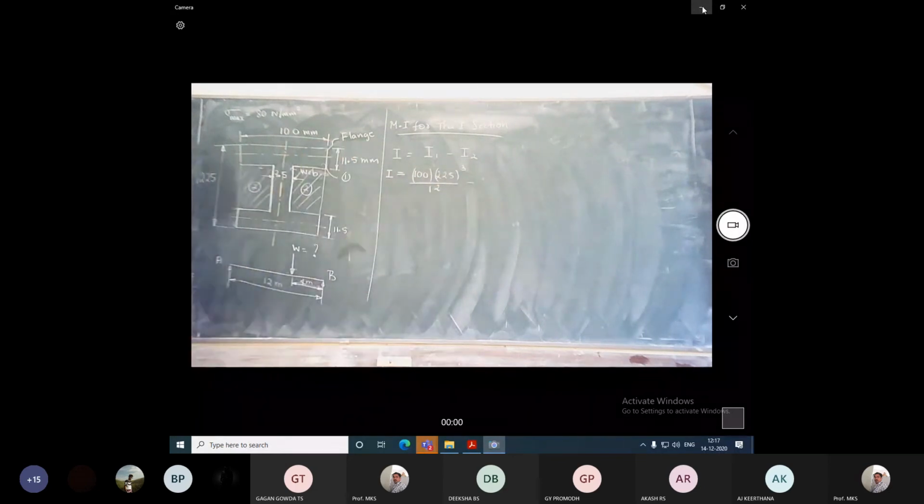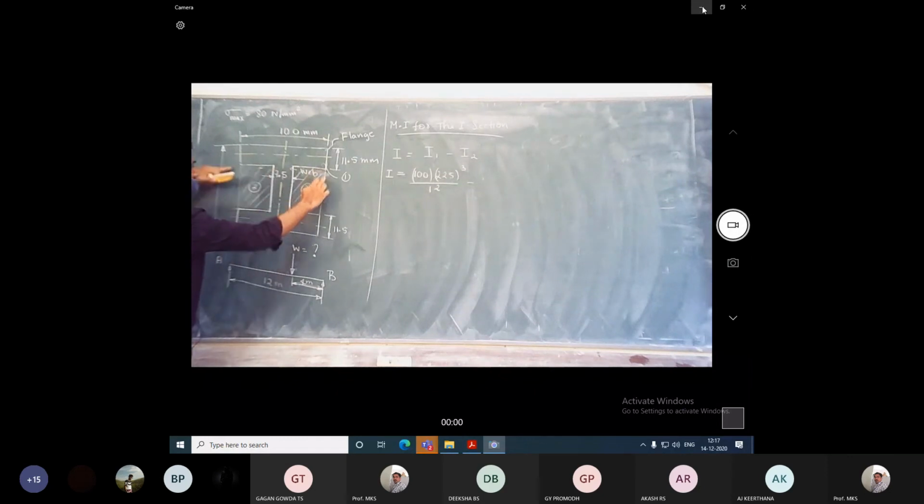What about I2? I want to find the moment of inertia for these two sections. Consider this as one full rectangle, only this portion from here to here. What is the width of this portion? It is 100 minus the web width, 7.5, which will be the width.